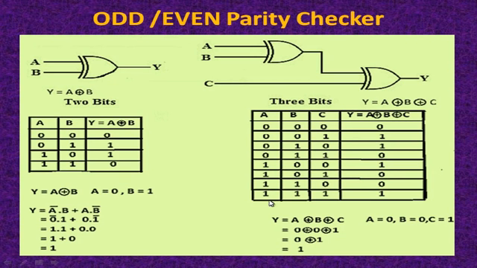This is the concept using 3-bit inputs, that is an odd-even parity checker. In the exam, a question may be asked for 5-bit input, so you can explain with the help of this basic idea. Is that clear, students? So remember this concept. A question may be asked in a board exam.